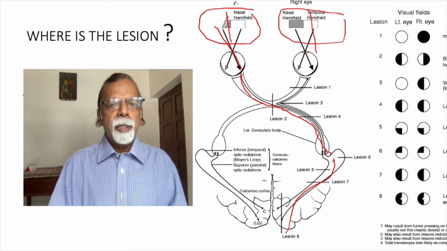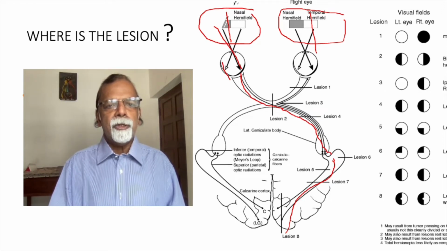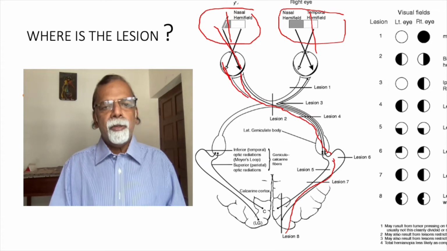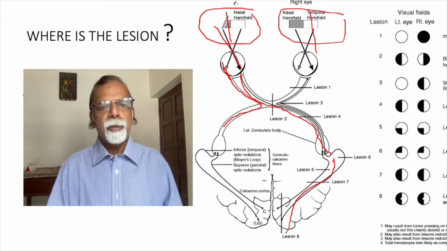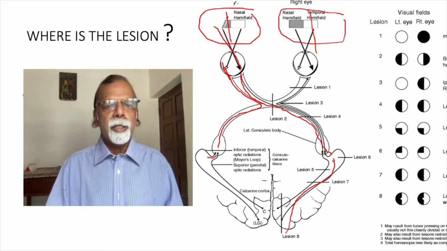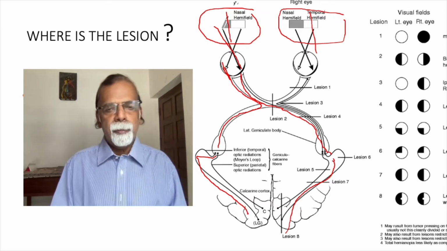Whereas the temporal half of the retina, that is representing the nasal visual field, passes without crossing the chiasm and goes to the lateral geniculate body. From there, just like the nasal fibers, it goes to the occipital lobe.